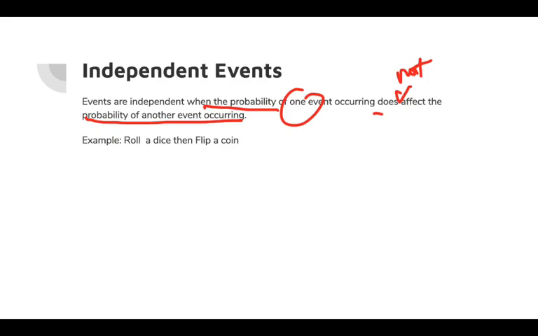This "not" is very important. That must be in there. Again, events are independent when the probability of one event occurring does not affect the probability of another event occurring.